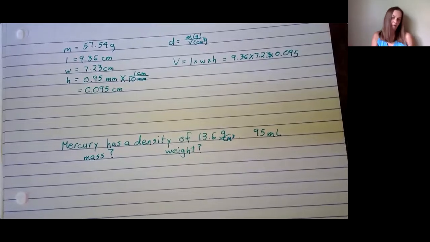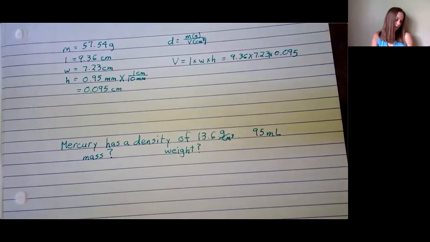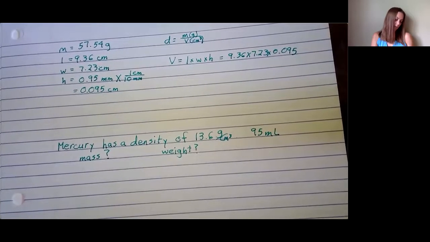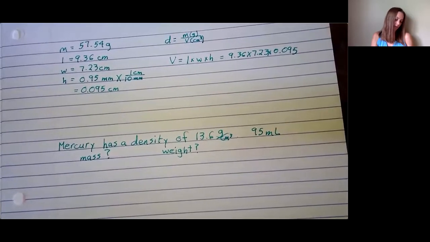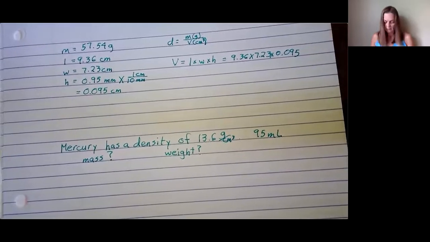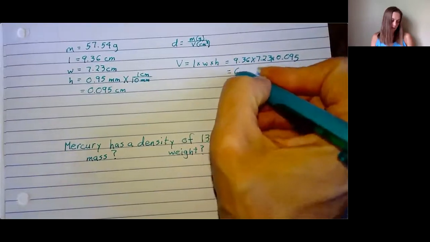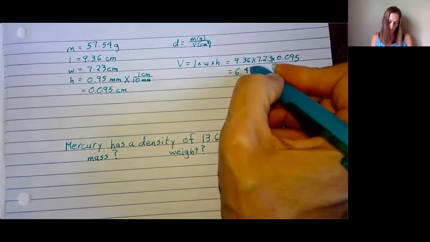9.36 times 7.23 times 0.095. And that gives us 6.43.